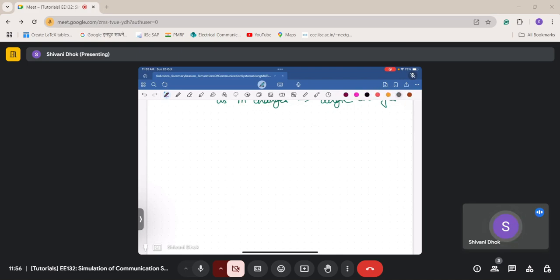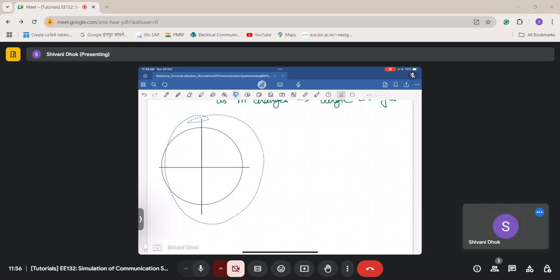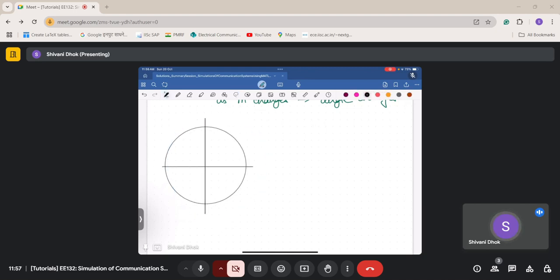So let us take a simple example. So now if your M is equal to 2, then your constellation points lie here and here.